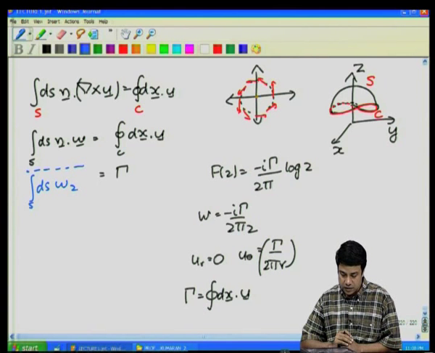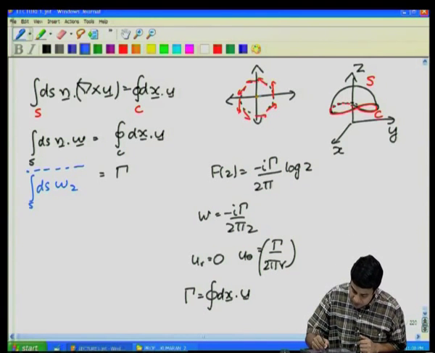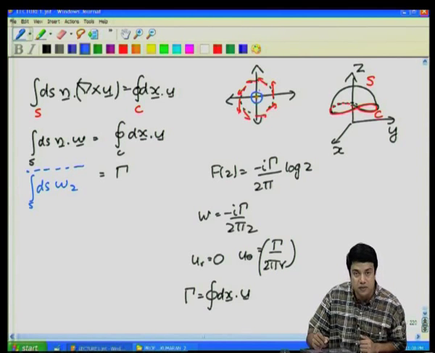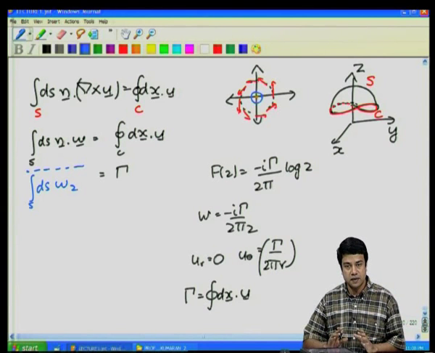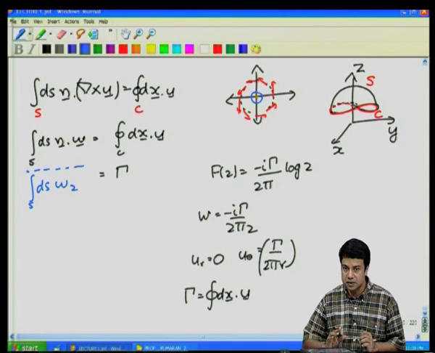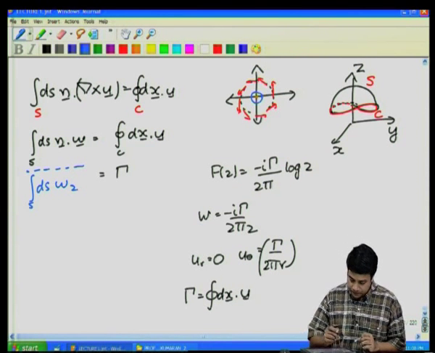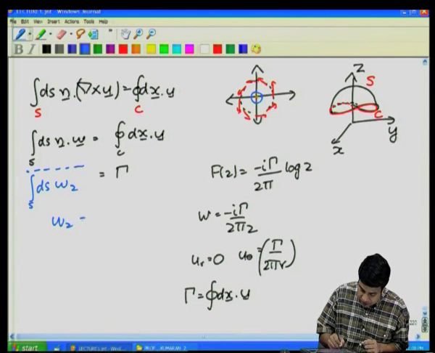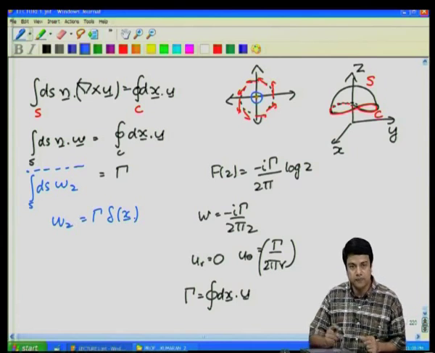Remember that I require that the integral dS omega has to be the same for each and every circle that I take around this origin, regardless of the radius. Therefore, it will be a constant value for each and every circle, even in the limit of the circle going to 0, only if omega is a delta function exactly at the origin. Only if omega z is equal to gamma times delta of x.